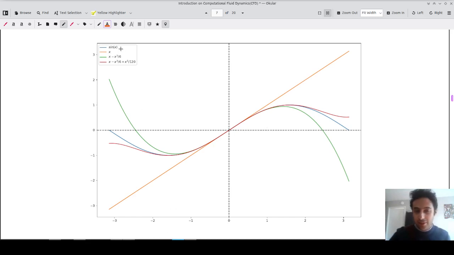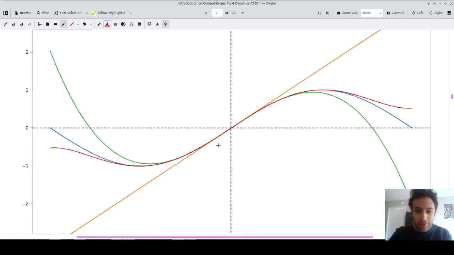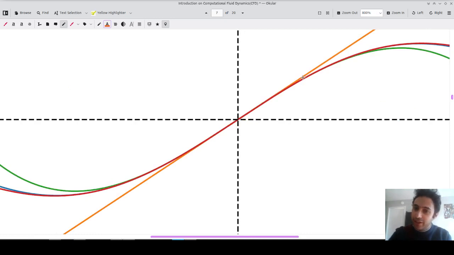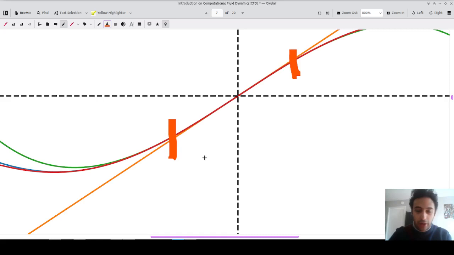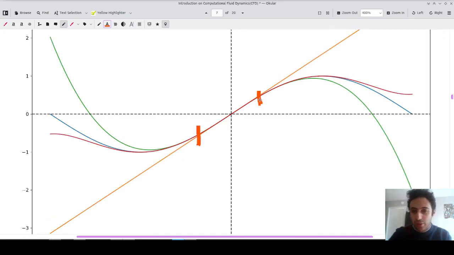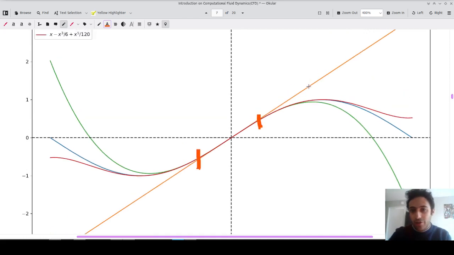For example, x, just x, which is a line, is the first approximation of the Taylor series for sine. As you see, it aligns perfectly in these regions with the blue line. But if we move forward or backward, we will see they diverge quickly, and there is a problem.